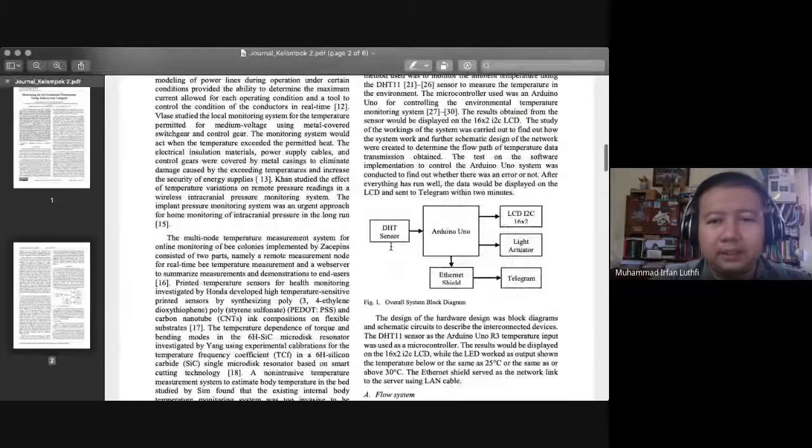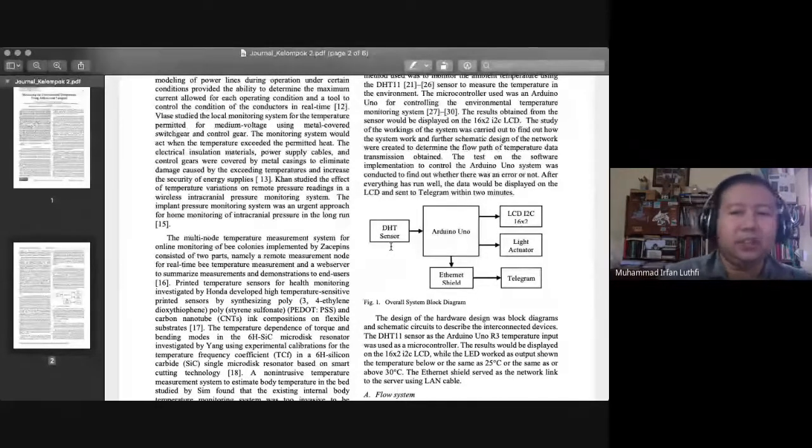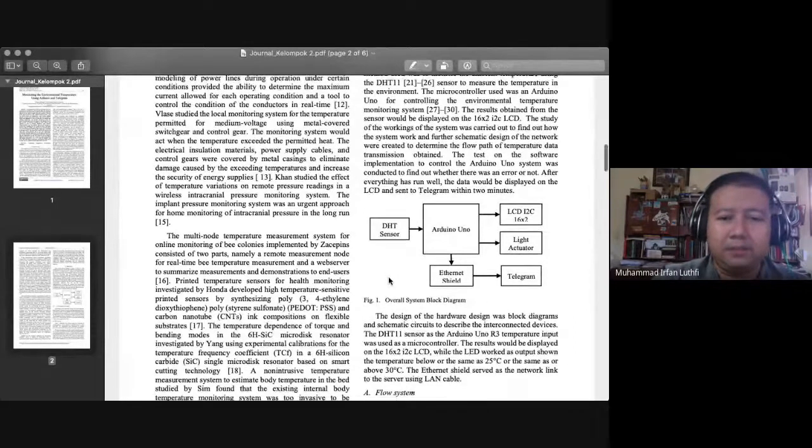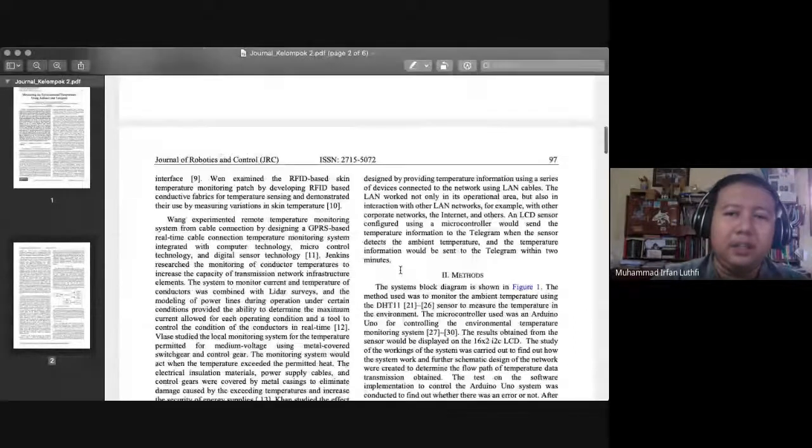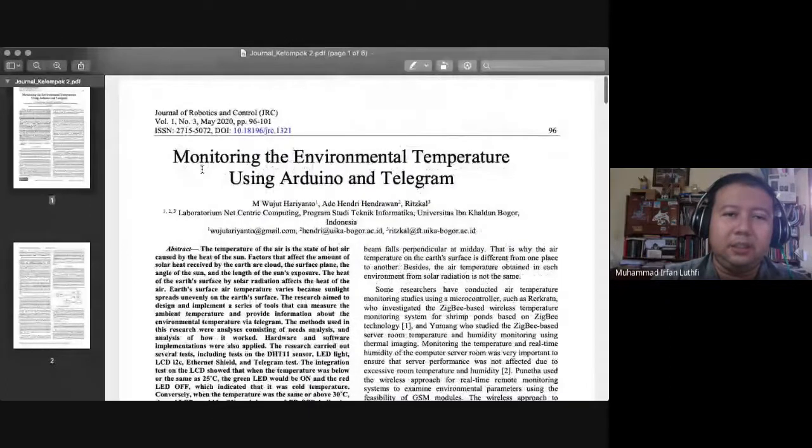Here we have a DHT sensor, the Arduino Uno, and I have the Arduino also, and then the LCD I2C here, and the DHT sensor. So I have them also. This is just a basic application of the electronic schema. The main problem is that they mentioned in the title monitoring the environmental temperature using Arduino and Telegram.